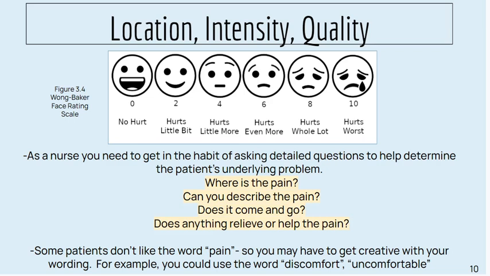So as you can see here, this is figure 3.4. This is the Wong-Baker face rating scale. This can be very helpful for some pediatric patients, or even patients that don't speak English or may have trouble, maybe they're intubated and they're not able to express an exact number on their pain scale.